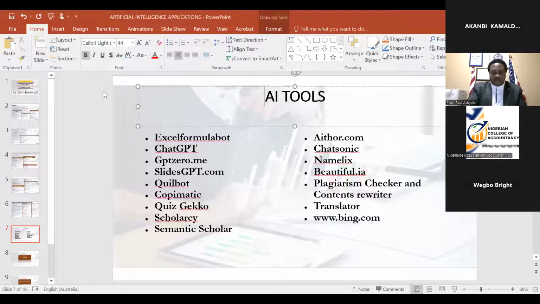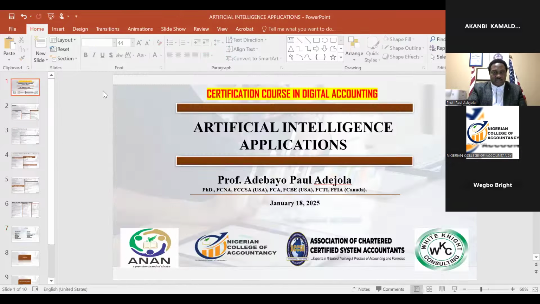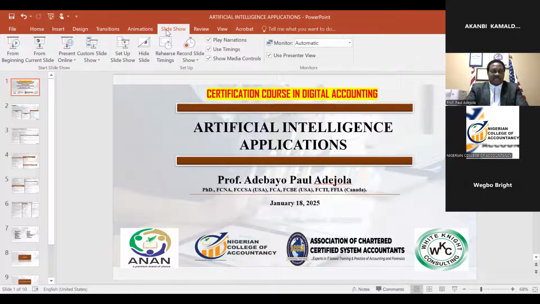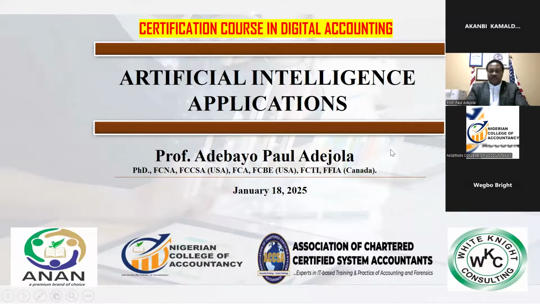GPT0.me. That's the one I just added to the AI tools. Ladies and gentlemen, if you see my screen very well, let me share the slide from current. The last course for this certification course is Artificial Intelligence Application.